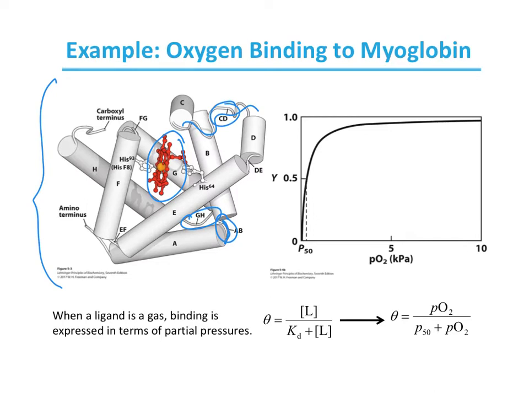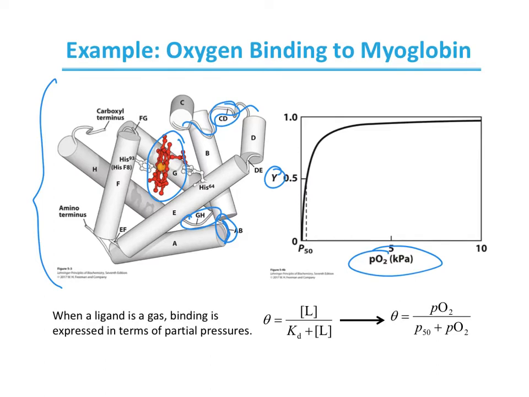Now we can make a graph just like we saw in the previous example, plotting the fraction of bound sites versus the concentration of the ligand. Now the ligand in this example is a gas, it's an oxygen molecule. So instead of using concentration in terms of moles per liter of solution, we'll use the partial pressure of oxygen.